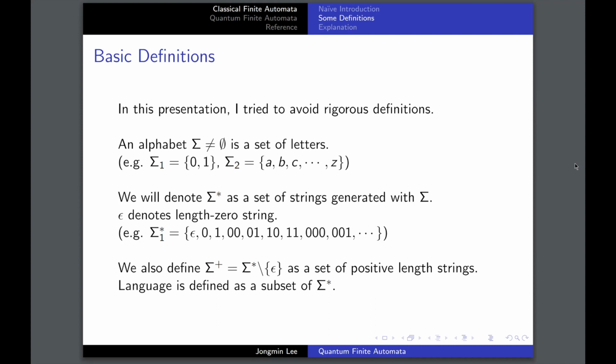So sigma star for {0,1} becomes epsilon, 0, 1, 00, 01, 10, 11, and so on. We also define sigma plus, which excludes only epsilon from sigma star. And we define a language: a language is a subset of sigma star. This is called a formal language.